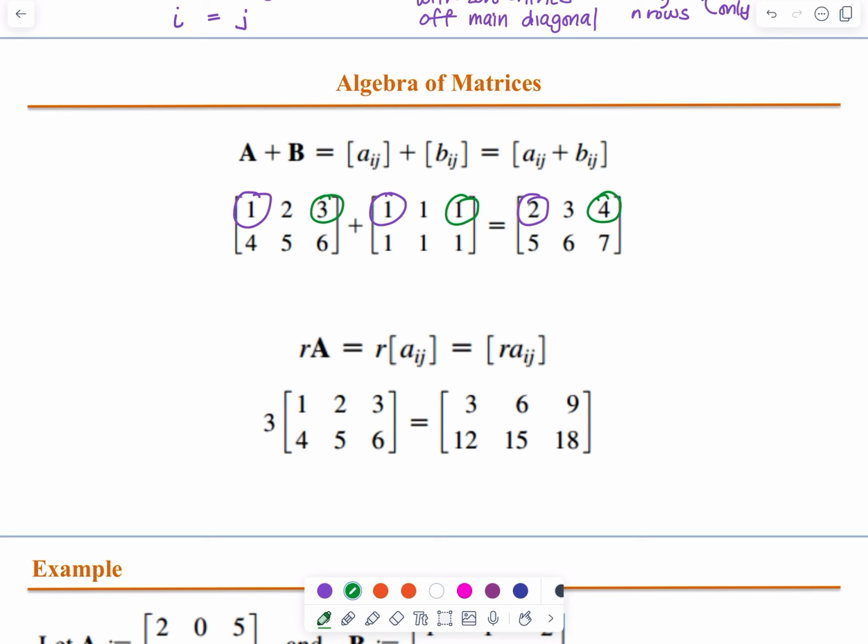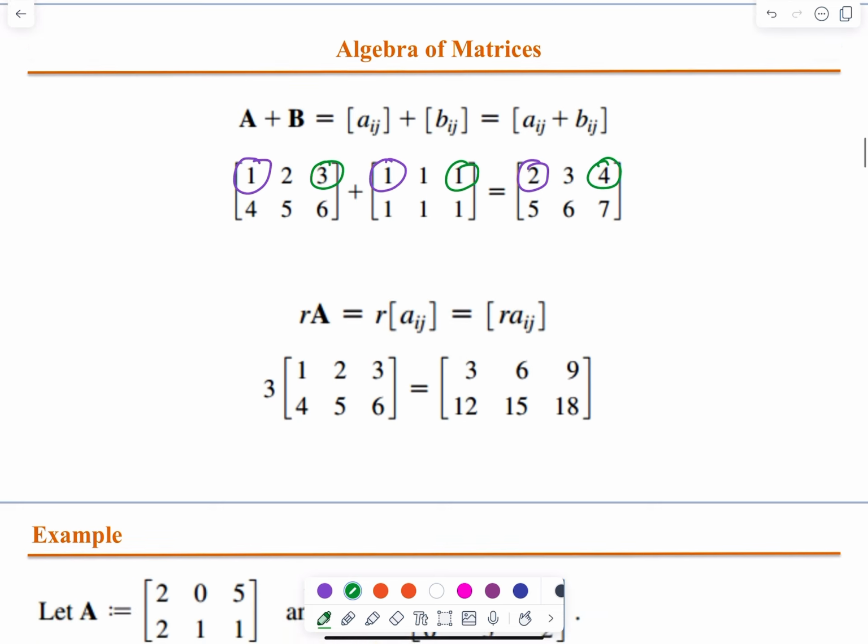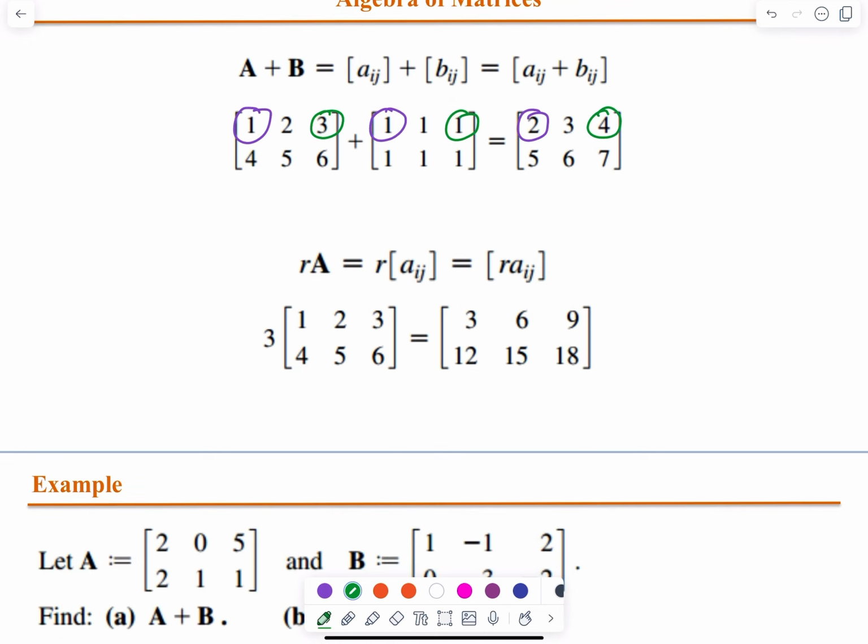We also have where we multiply a matrix by a scalar. And it's pretty straightforward as well.